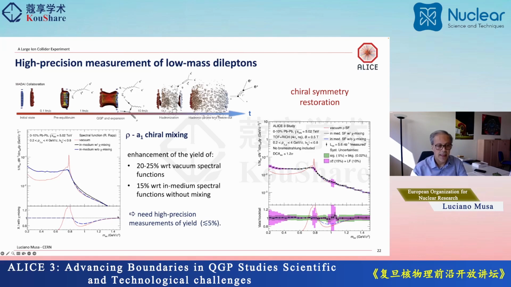And although it is really a small effect, as you can see here, the mixing leads to an enhancement of the yield at the level of 15 to 20%. And so if we have a measurement of the spectrum with an accuracy of 5%, this will become accessible.